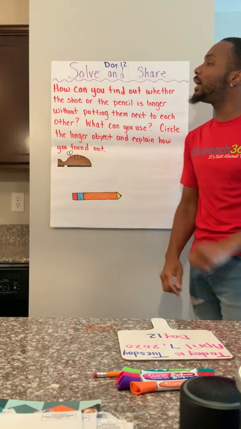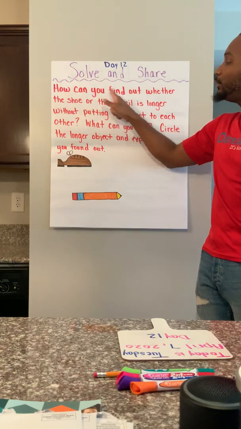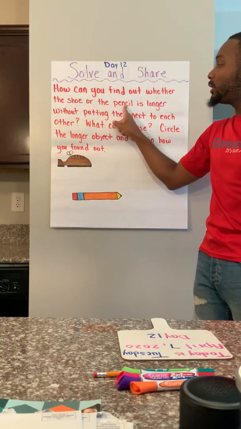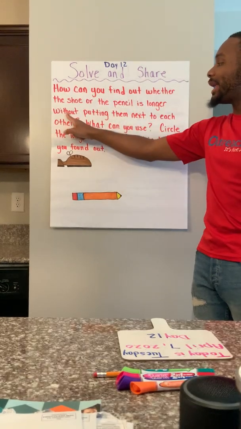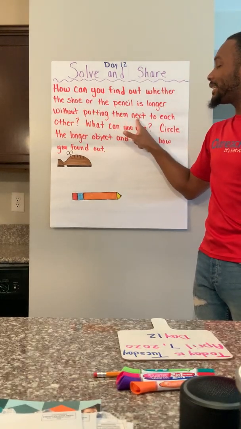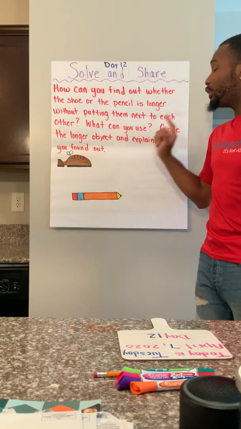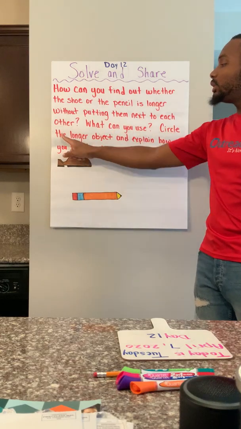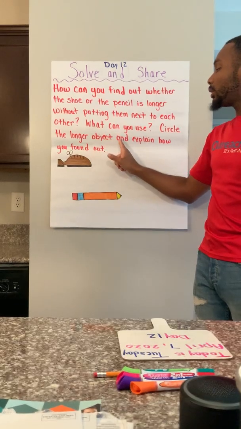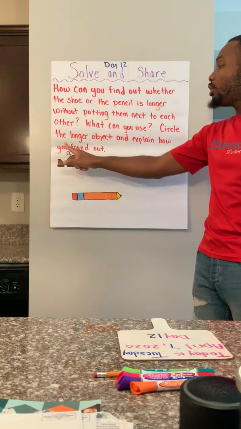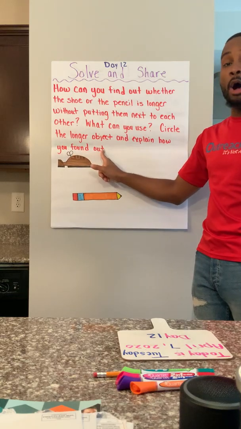I'm going to read it one more time. How can you find out whether the shoe or the pencil is longer without putting them next to each other? What can you use? Circle the longer object, and explain how you found out.